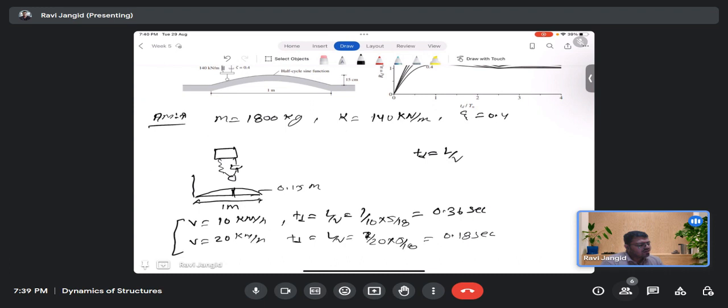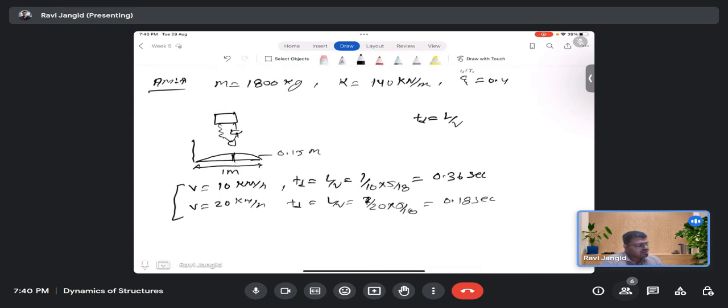Now calculate Tn, the time period of the system. Can you give me the time period? It is 2π times the square root of M by K. M is 1800, K is 140 times 10 raised to power 3, not 10 raised to power 9. Can you give me the Tn? This is the question for the half sine pulse.